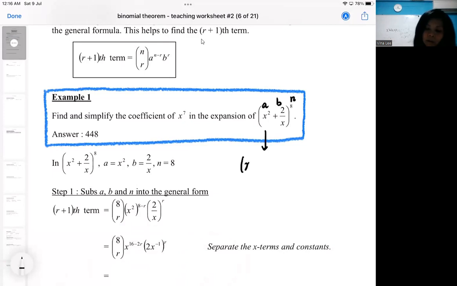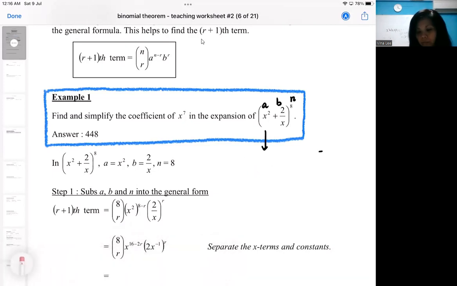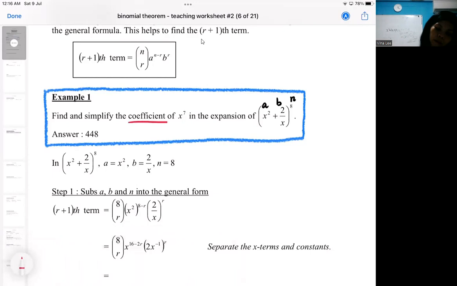If you have done your normal expansion, if you're patient enough, you will get your coefficient of x^7.